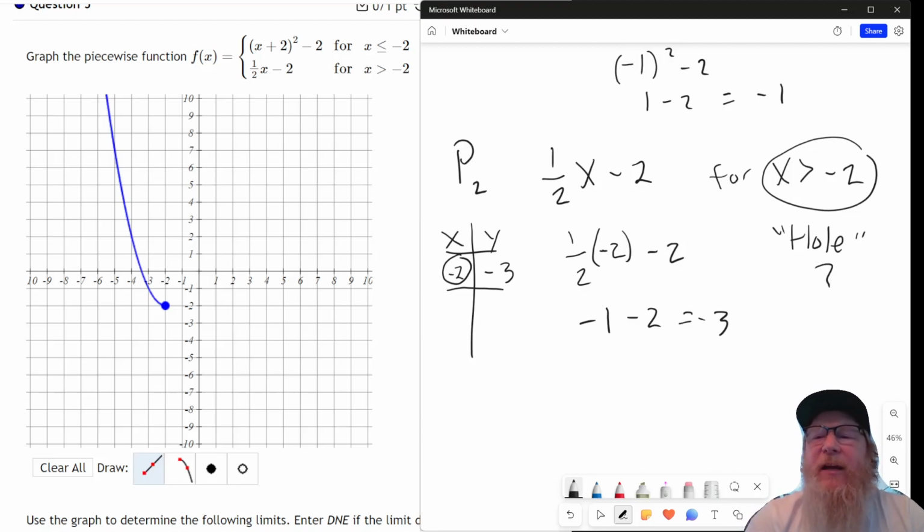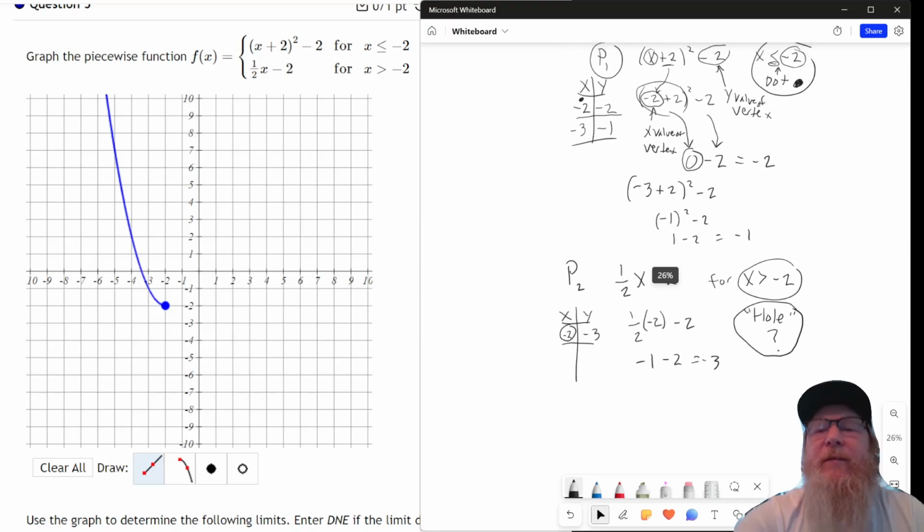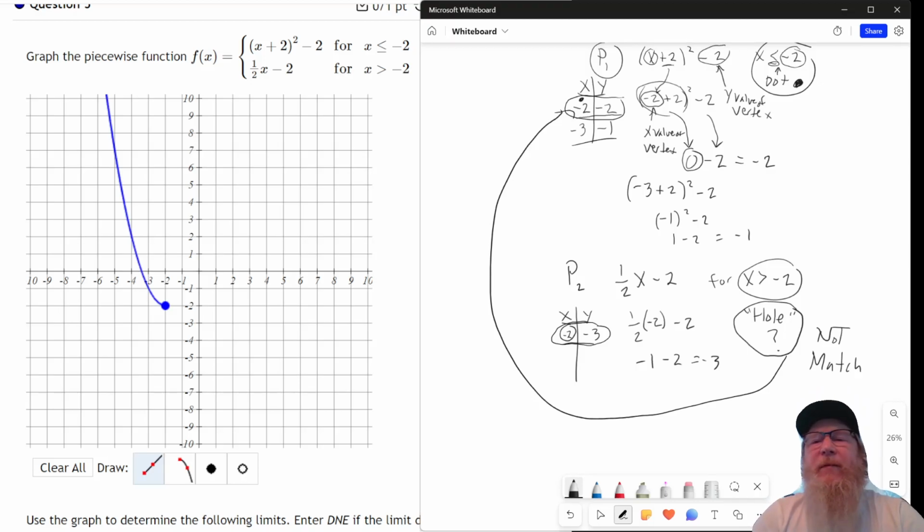So now ask ourselves, does the hole match the dot? The dot was -2, -2. The hole is -2, -3. It's not a match. They do not match. So when I go to graph it, you're going to see the hole is at -2, -3 right there.